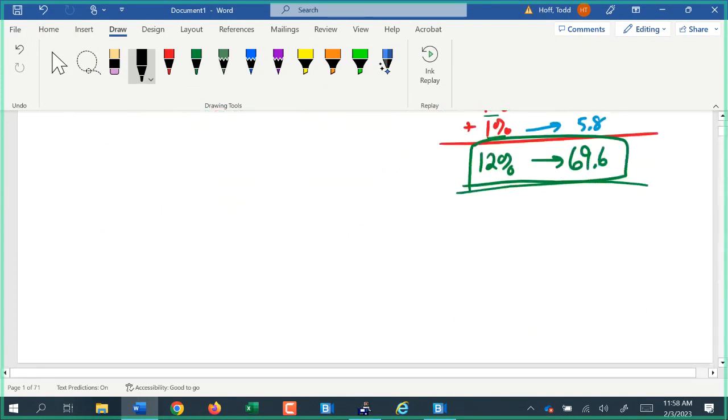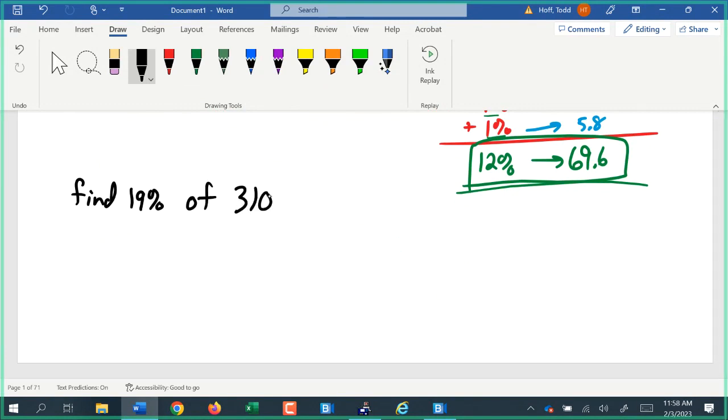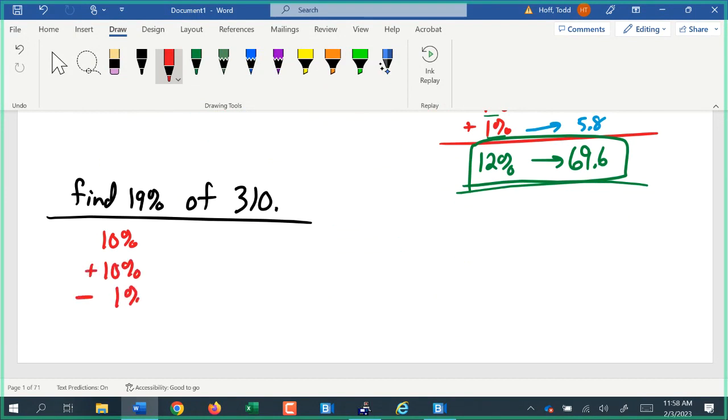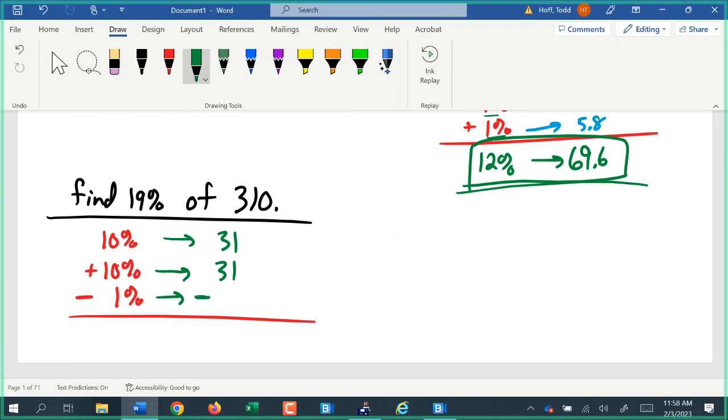Another example might be find 19% of 310. So here, I'm going to express 19% as 10% plus another 10% minus 1%. So over here, 10% of 310 is 31. Another 10% is another 31. Then we're going to subtract out 1%, which is 3.1.